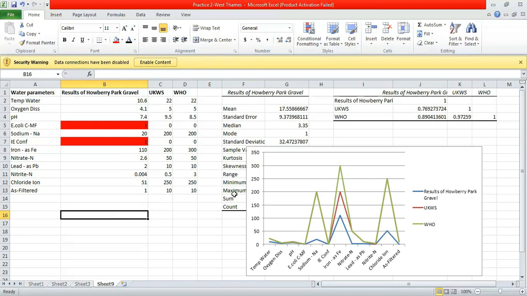And also we have our general conclusion. At the end of the day, it doesn't meet the UK water standards, nor the WHO guidelines. So this water source needs to be followed up and checked to see how to help the community in the UK.